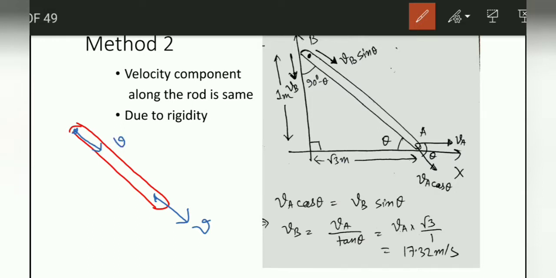What we tried to find out is the velocity component along the rod, and that will be the same. We have the velocity of point A along the x-axis, va. Along the rod, this is making an angle, let's say theta, with the x-axis. So here also theta.